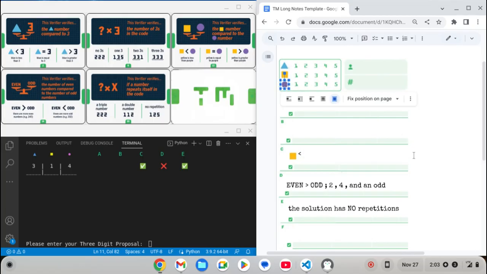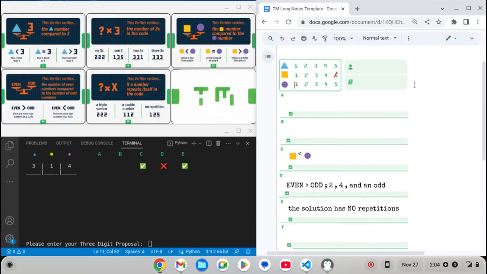And I think we finally will be able to cross out some numbers. So let's see, what must be true? Well, if square is to be smaller than circle, I don't believe square could be 5, because if square were 5, I don't believe there would be anything larger for circle to be.